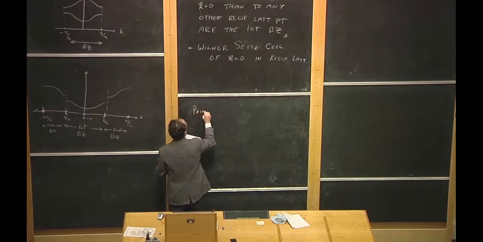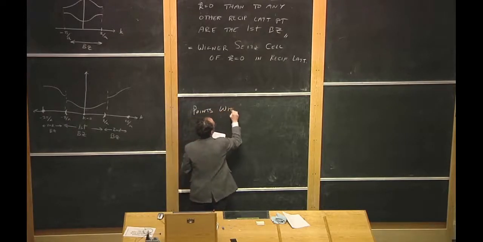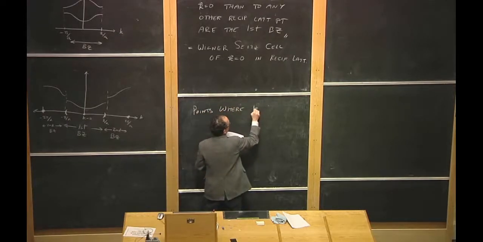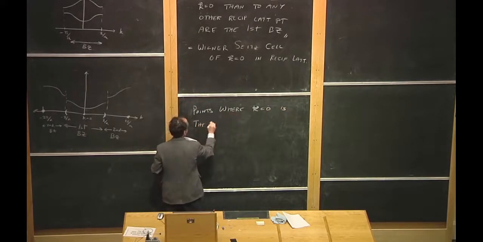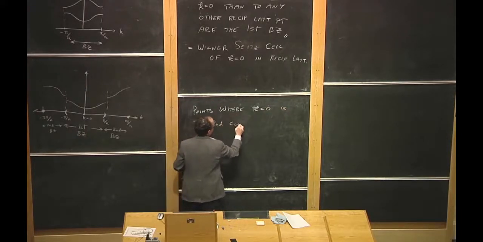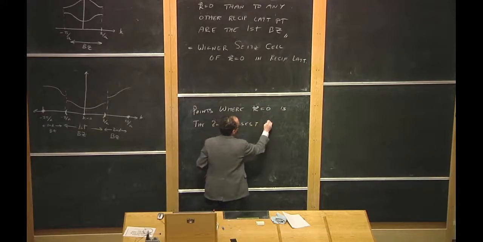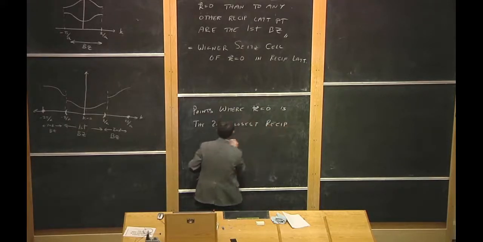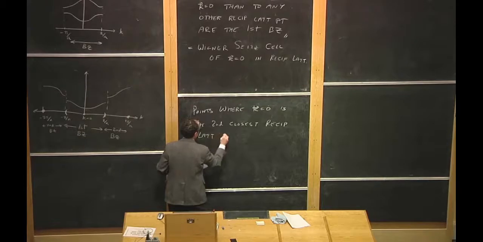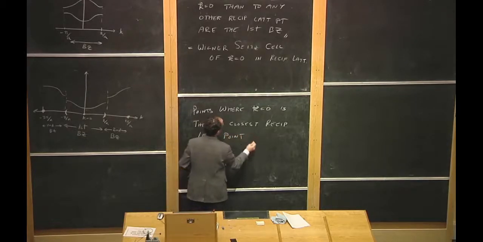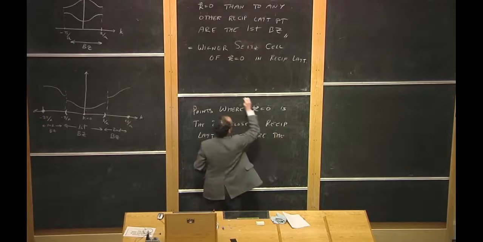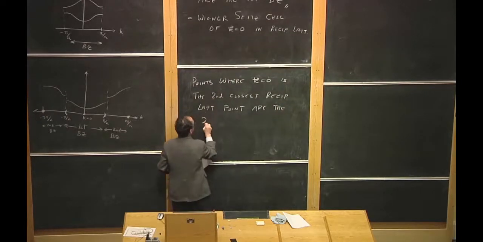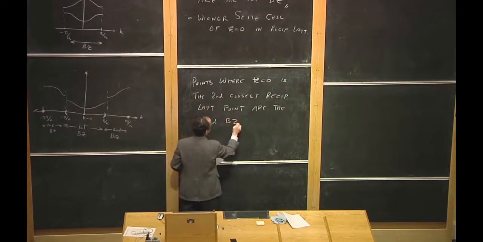Points where K equals 0 is the second closest reciprocal lattice point are the second BZ.